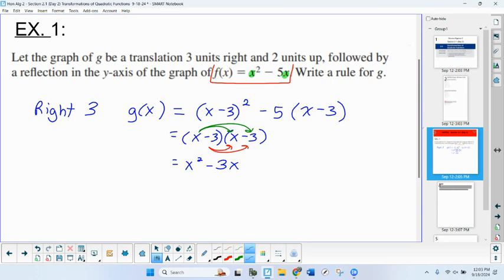What do you get? Negative 3x. And then what? Positive 9. Okay, we'll simplify that again in a minute. Now, what are you going to do with this negative 5 here? So when you distribute negative 5 here, what do you get? Negative 5x plus 15. Is everybody okay with what I've done thus far?